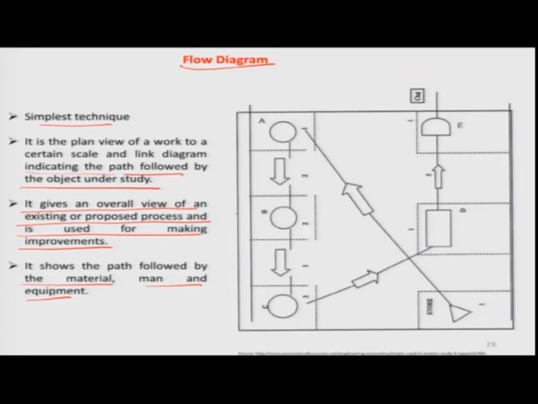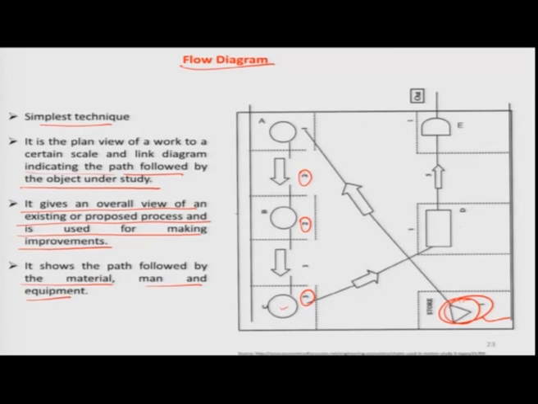For example, here you can see that first the material is taken from the store, which is the storage point, and you can see the symbol. Then it is transported to workshop A. Here there will be some operation, after that it will be transported through route 2 and reach workstation 2. Here again there will be some operation on that product, and again it will be transported to workstation 3, where again some operation will be there.